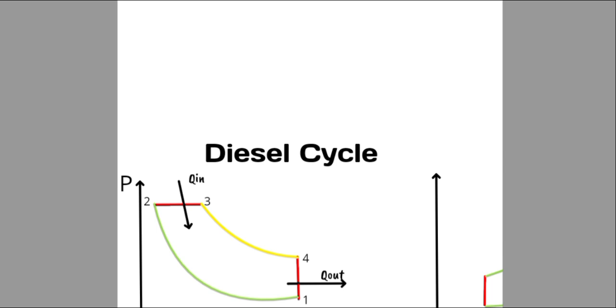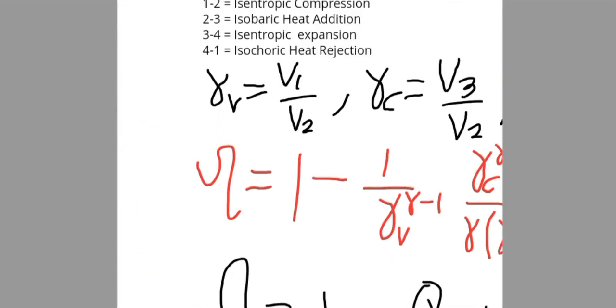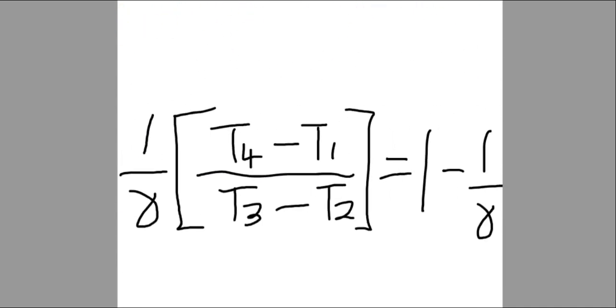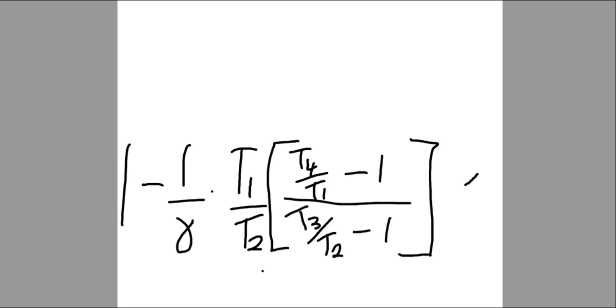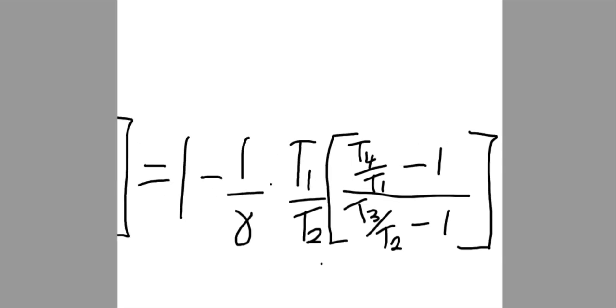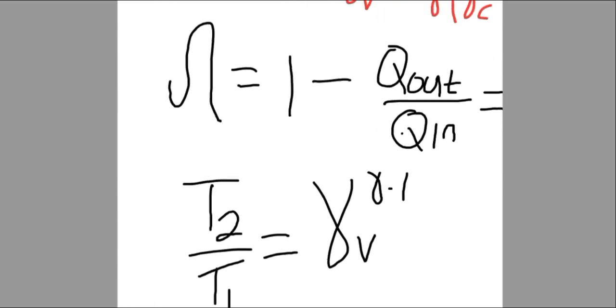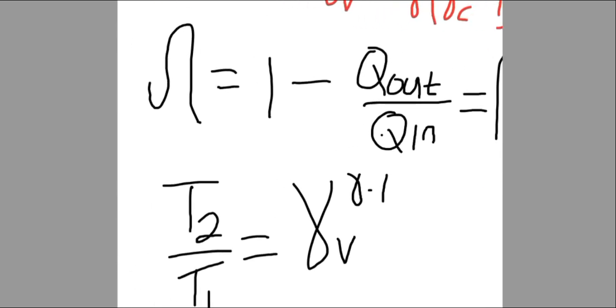What we are trying to do here is derive a value for what we have here as our T4 over T1. We are trying to derive a value for our T4 over T1 and a value for our T3 over T2. But here we already know that our T2 over T1 is equal to whatever we have here.